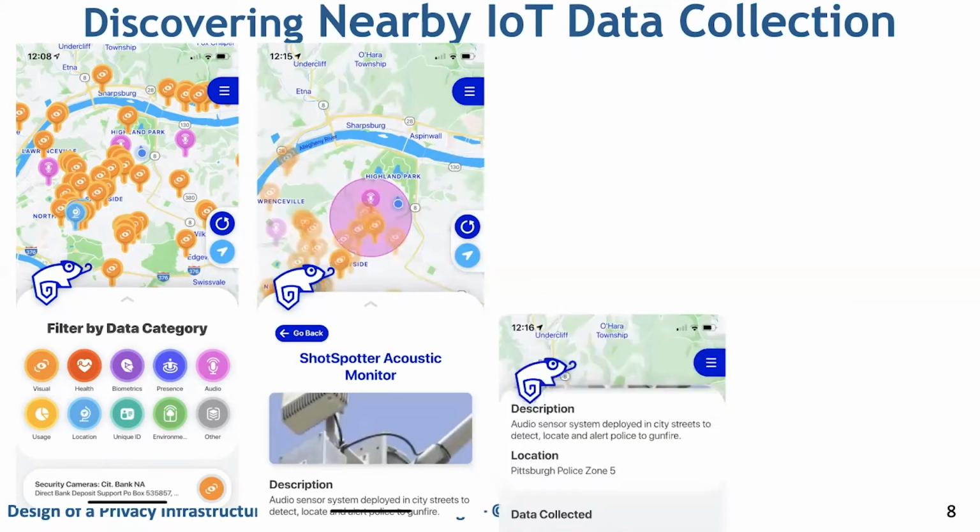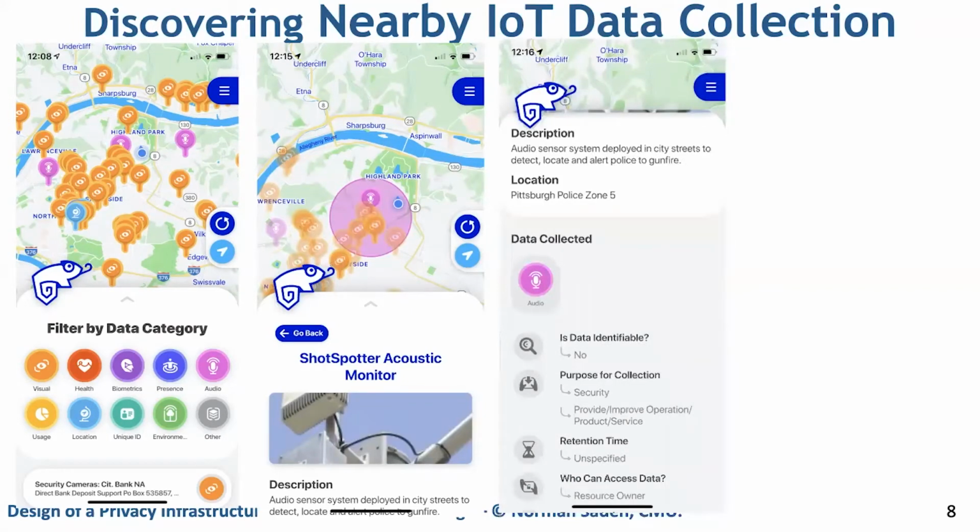And if you want to find out more, you would want through your mobile app to be able to also look at additional details about the practices of these resources, not just what data they collect, but also the purpose for that collection, retention time, who can access this data.